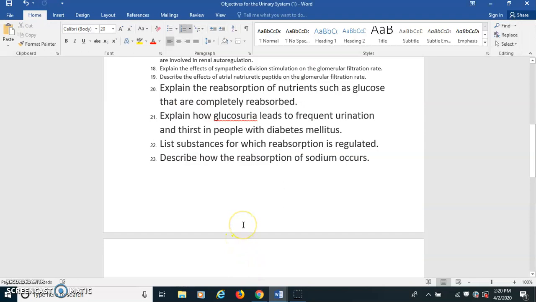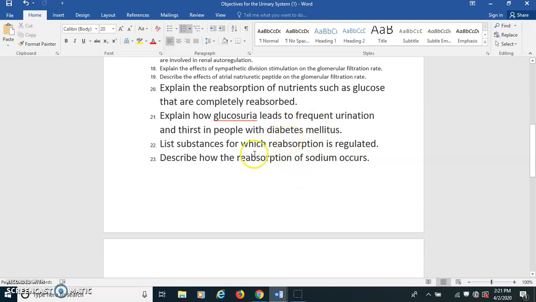And in lab, I know we didn't get to do it in lab, I think there might have been a video on it though, where you can test the presence of glucose in urine. You can do that with a simple little dipstick method, and you can see if there's glucose. Normally there should never be glucose in your urine, but if there is, there's a good possibility it could be related to that condition called diabetes mellitus.